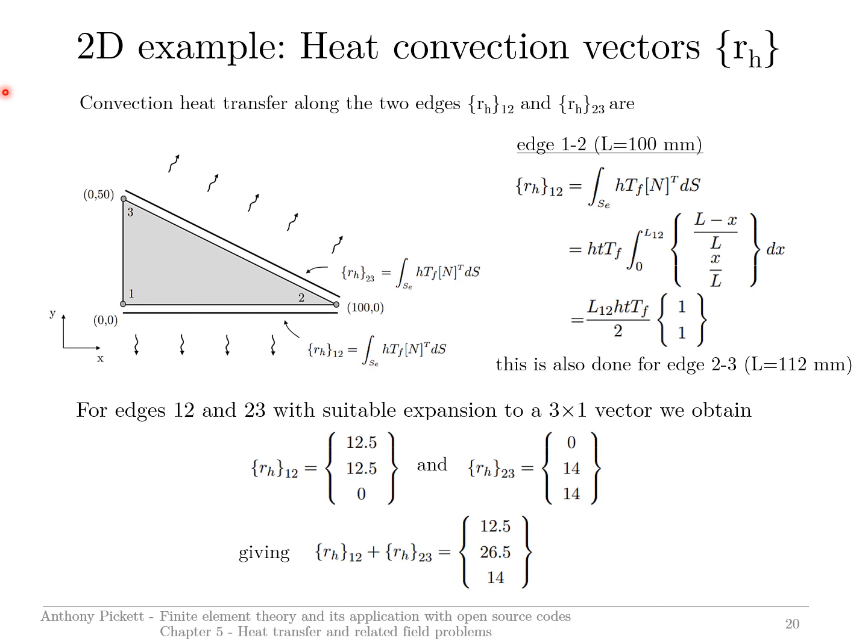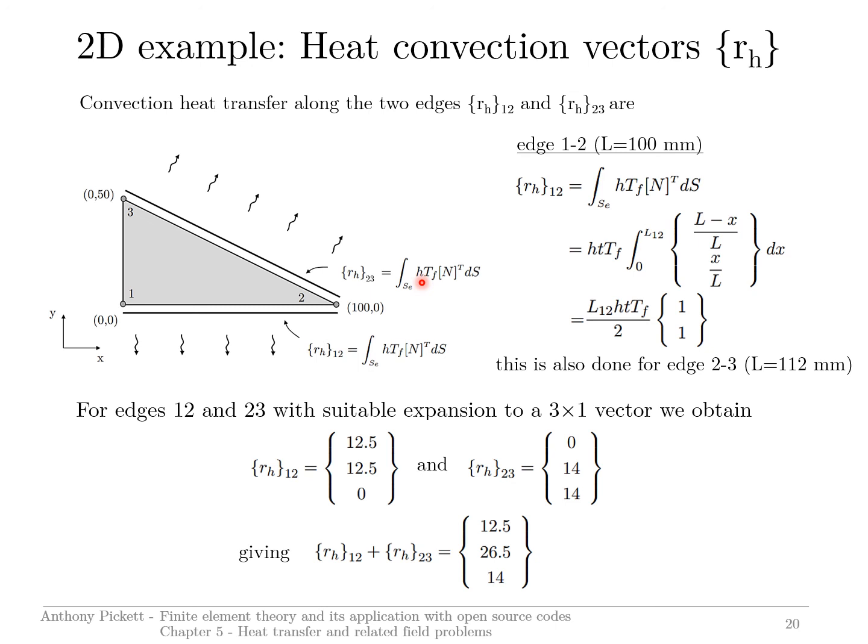So the next step is to compute the heat convection vectors, RH, for these two surfaces. These are given again by these expressions. Again, it's integrated over the surface, so we can replace that by a thickness and the length integral. It involves the environment temperature and involves the heat transfer coefficient for this particular material.